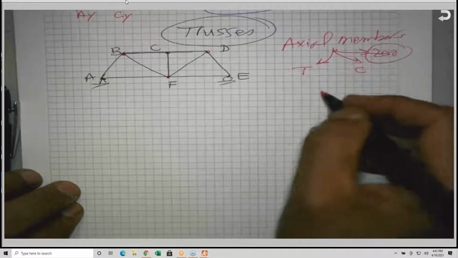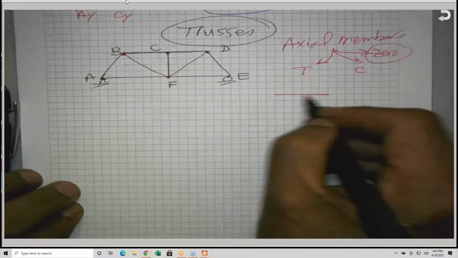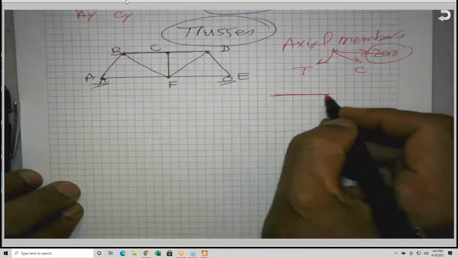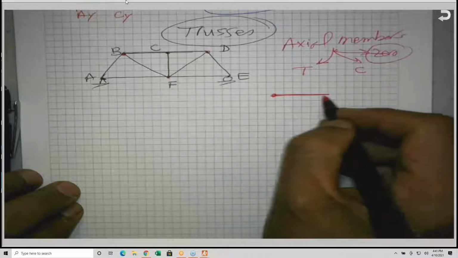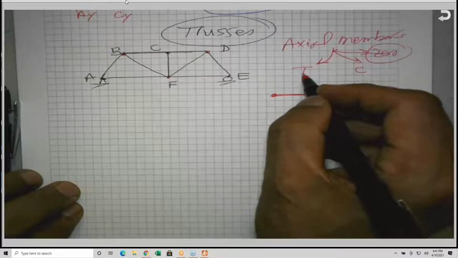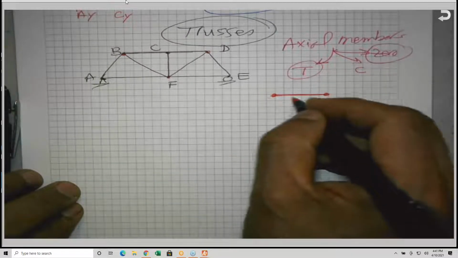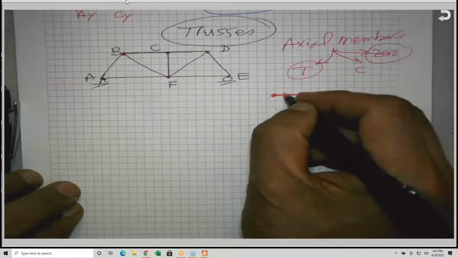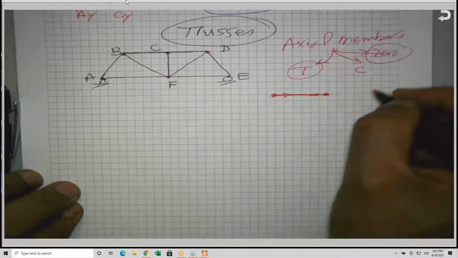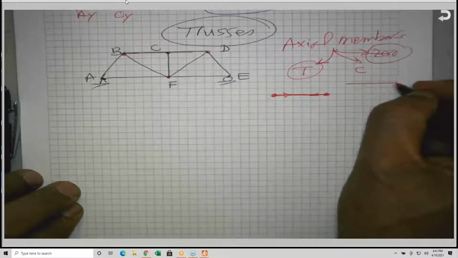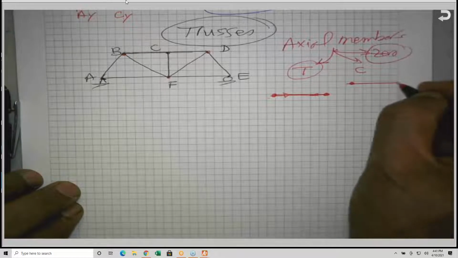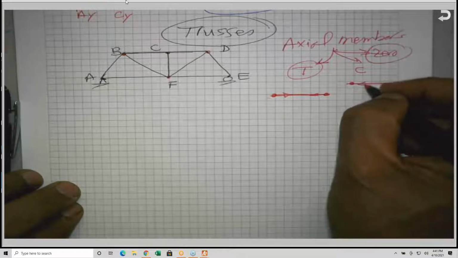So for a tension member, they agreed on the following notations. If I have a member that has two ends like this, one end at each joint, if the member is in tension, the arrows are pulling the joints. For compression, the arrows are going into the joints.